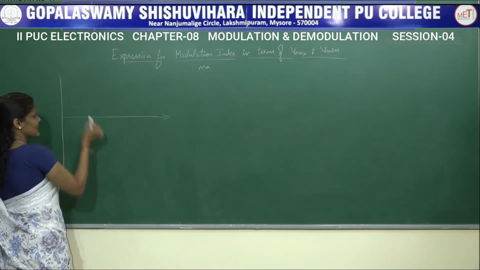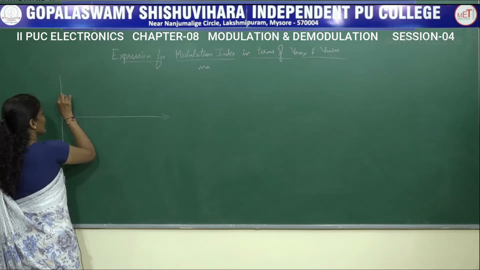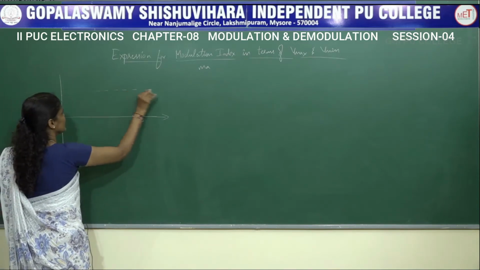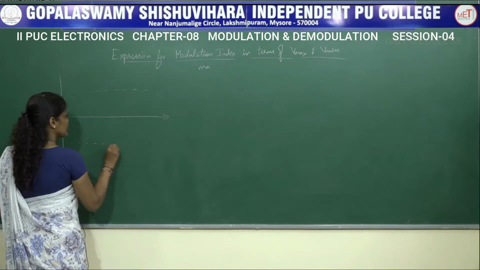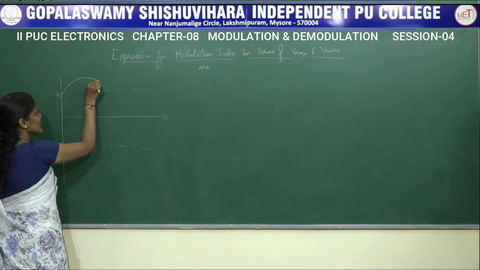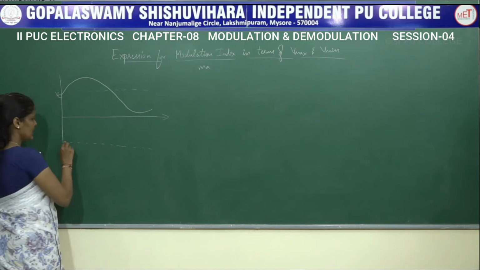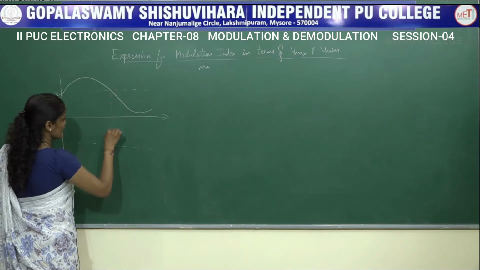So if I consider this as the graph, this is VC, above VC, and it will be decreasing less than VC. So this is the graph.